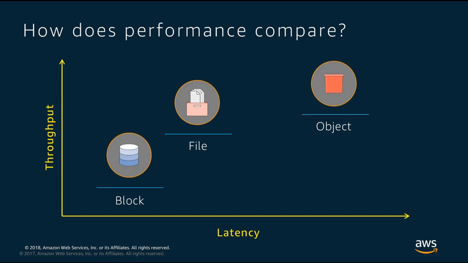With file, it's generally designed for low consistent latencies, but it's also designed to scale to tens of gigabytes a second of throughput. And with object storage, it provides the highest level of throughput scale, but it's not designed for latency sensitive applications.